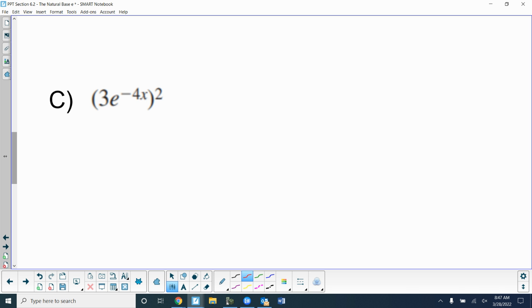Now, everything inside here has to go to what power? The second. So what's 3 to the second? 9. And what's the rule when I have an exponent inside and one outside? We multiply them. So it's e to the what? Negative 8x. Now, do we like leaving our answer with a negative exponent?